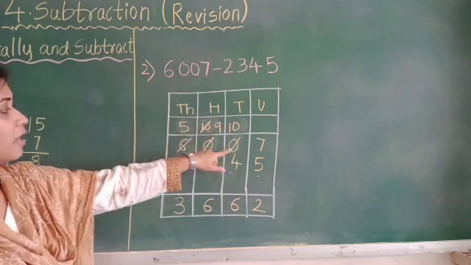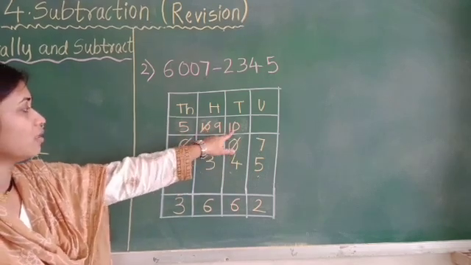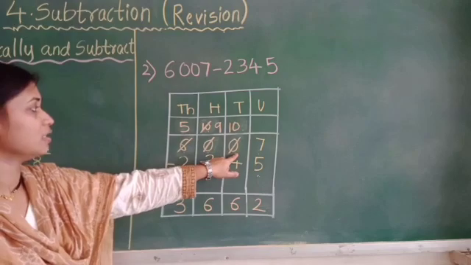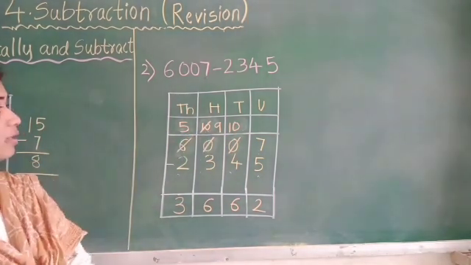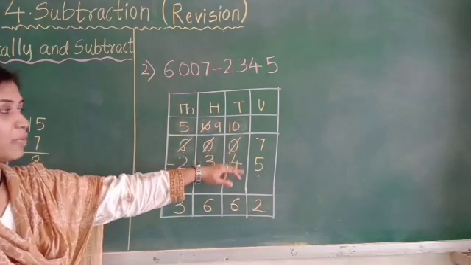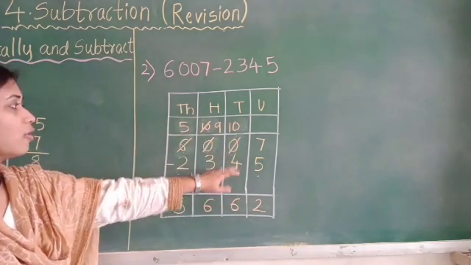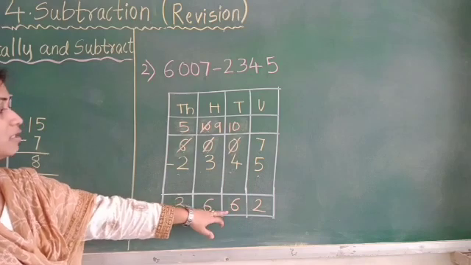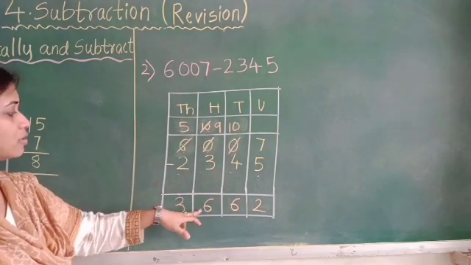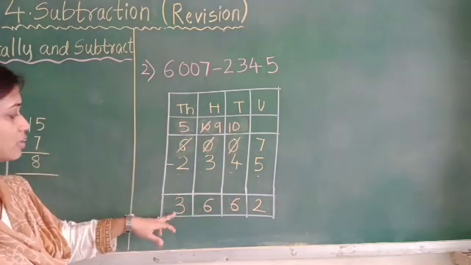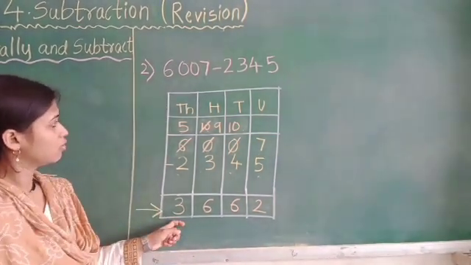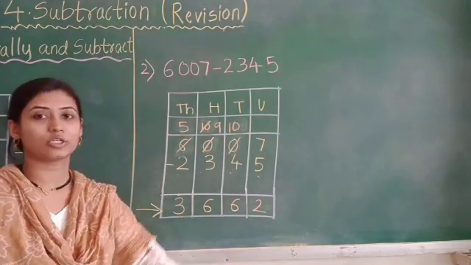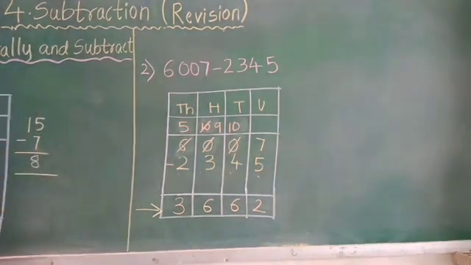Then again we have to take 1 from this 10. After taking 1, 9 remains. 10 minus 4 is 6. 9 minus 3 is 6. 5 minus 2 is 3. So our answer is 3662. Have you all understood?